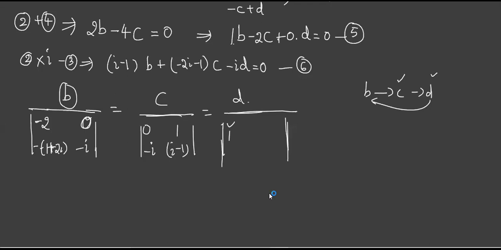It is 1. And then down, the coefficient of B, i minus 1. Tell me this column: minus 2, and take a minus common, 1 plus 2i. Is this part clear?